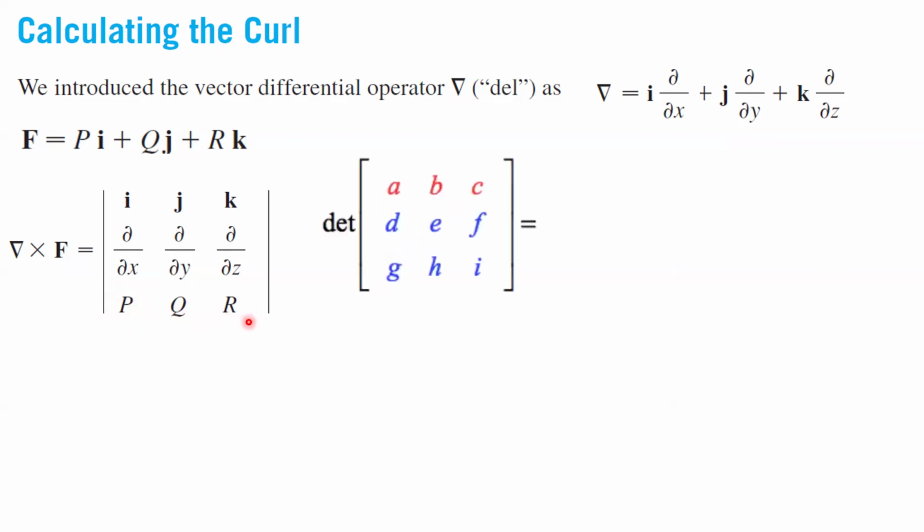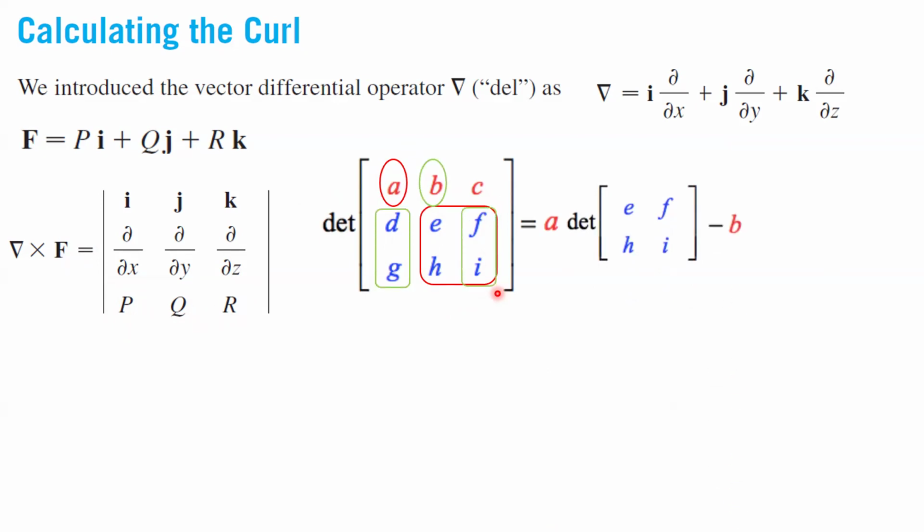Remember that when you're calculating the determinant of a 3x3 matrix, you start by the very first element, the entry a, and you multiply that by the determinant of this 2x2 matrix, minus b times the determinant of the first column and the third column, or this 2x2 matrix, d g, f i, and finally, your last entry is c, plus c times the determinant of this 2x2 matrix, d e, g h.